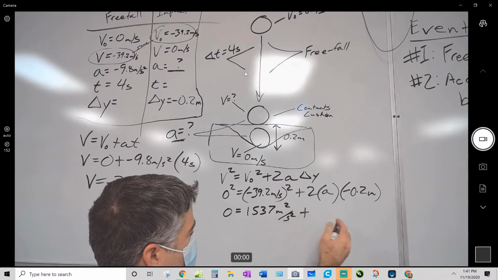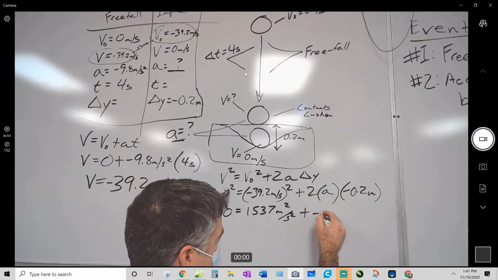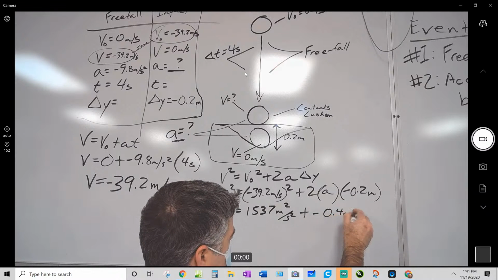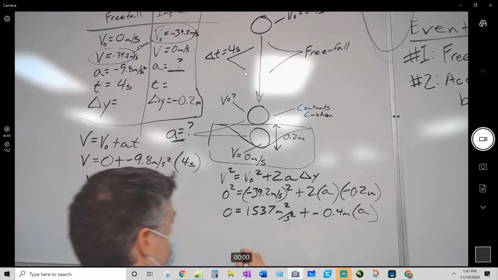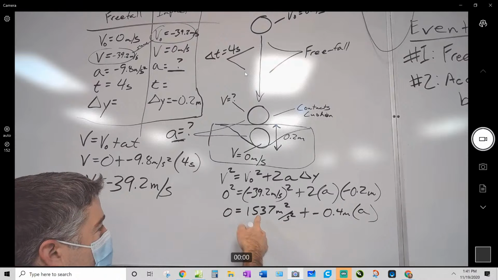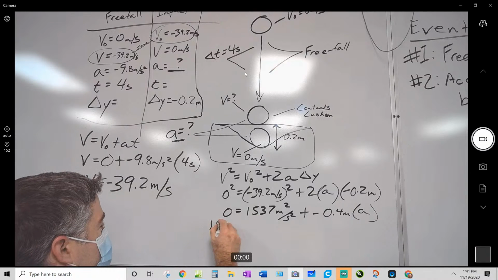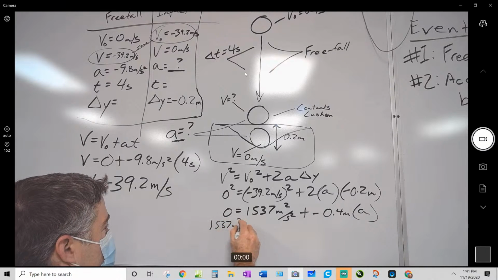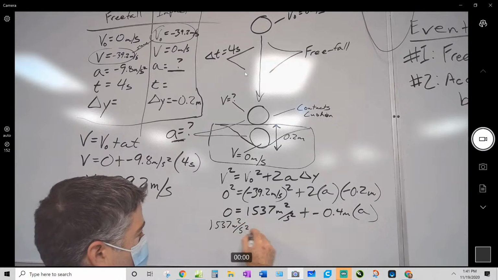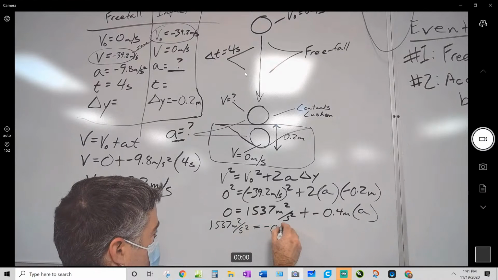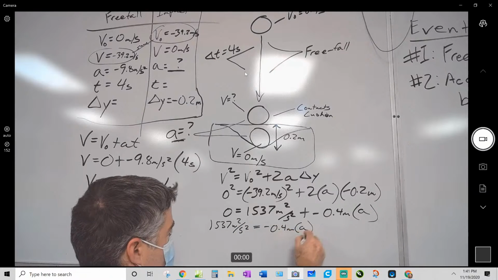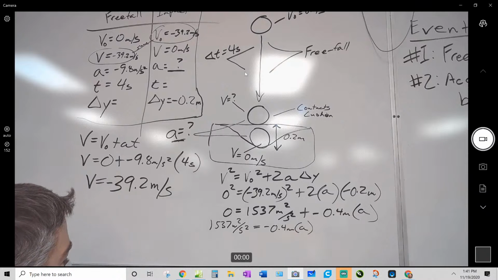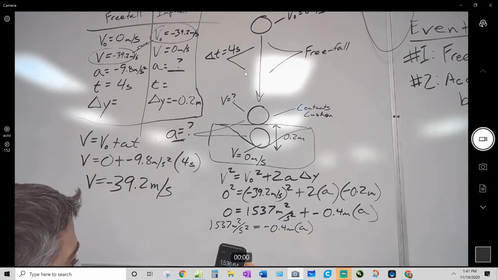And this would be 2 times that is negative 0.4 meters times a. So if I add this to both sides, I get 1537 equals negative 0.4 meters times a. So I just need to divide that by 0.4.